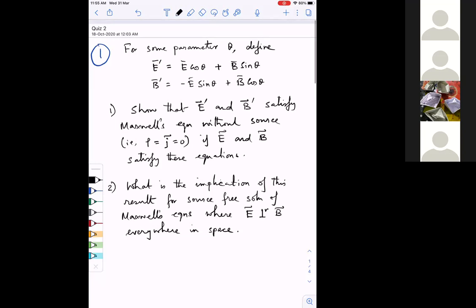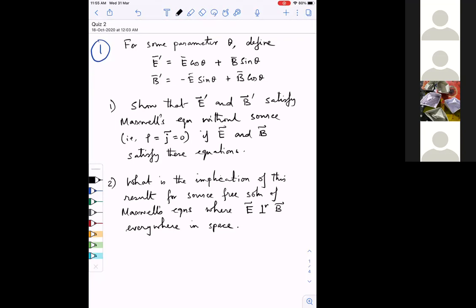The first problem is this. I have basically given an electric field and a magnetic field, and these are in 2 frames. Although we have not done relativity right now, for this you don't need to know relativity. In one frame it is E, B, in the other frame it is E prime, B prime, and I've given you the relationship between these.